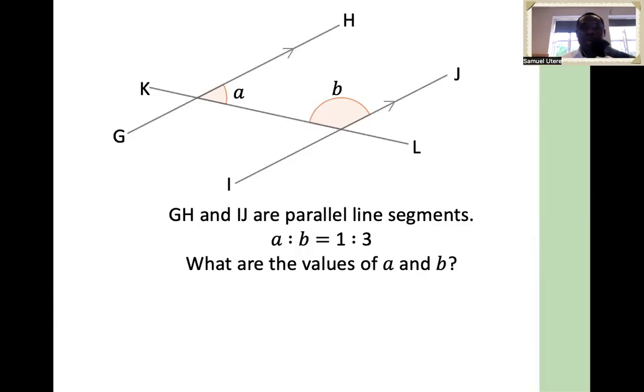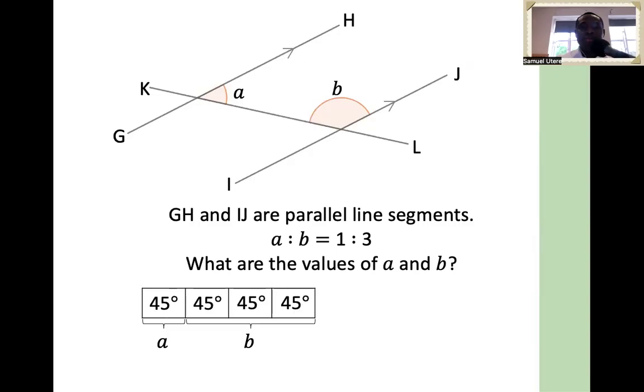So altogether, thinking about this as boxes, using our bar model, A and B add up to be 4 parts. Now, this 4 parts is equal to 180 degrees, which means each of these parts should be 45 degrees. So it means A is 45 degrees and B is 3 lots of A, which is 135 degrees.